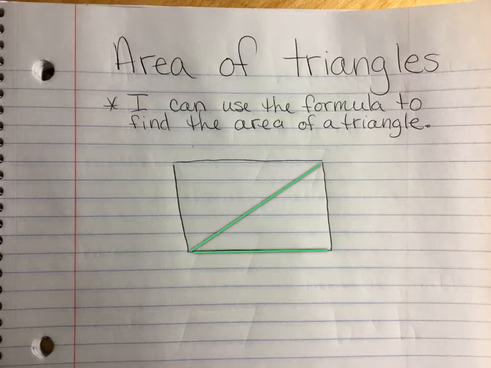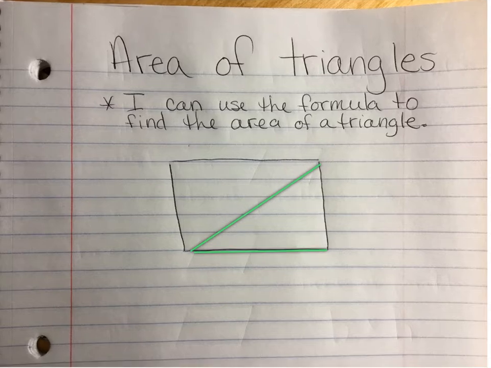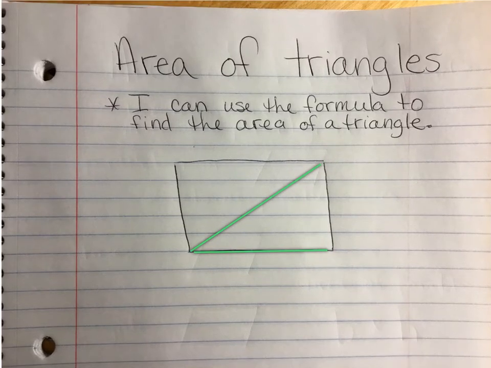Well, if I only look at this part that I'm highlighting in green, what have you made? You've made a triangle. Well, to find the area of a rectangle, we were doing length times width.